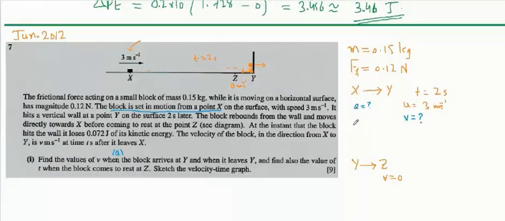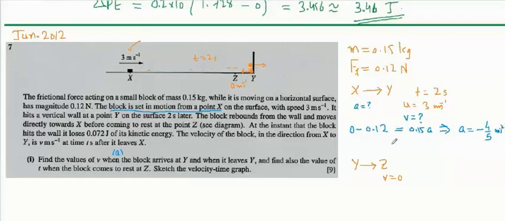This point is important. So forward force is 0, and the backward force is 0.12 and that is equal to the mass times the acceleration. This gives us the value of a. That will be negative 12 over 15, which means 4 over 5. So automatically we got the deceleration.